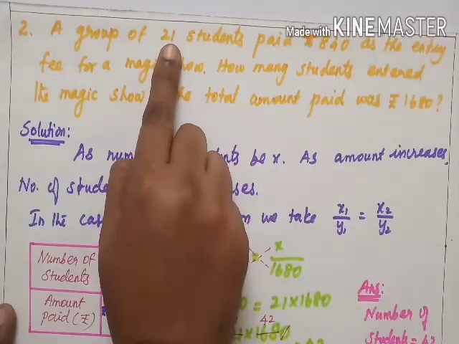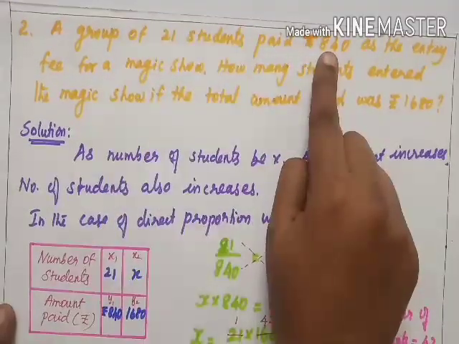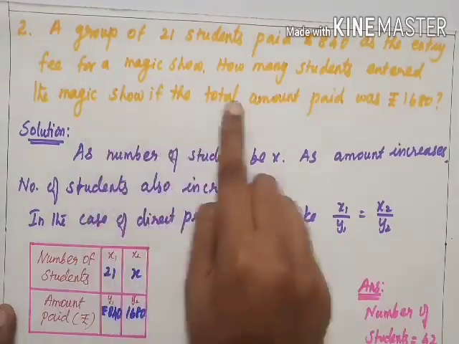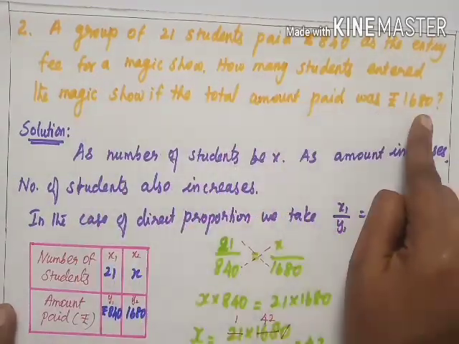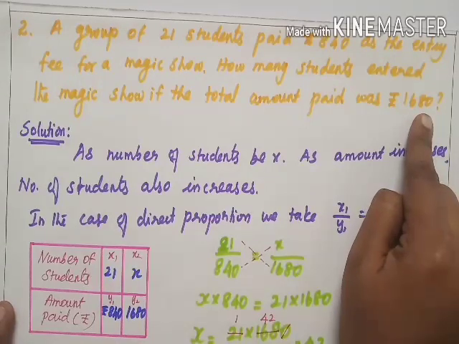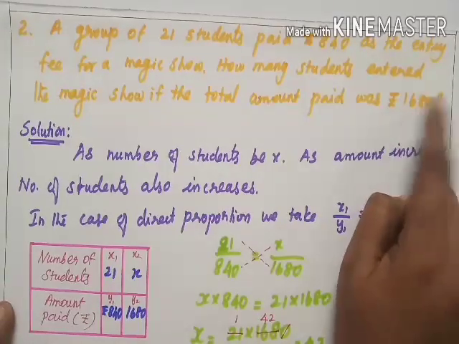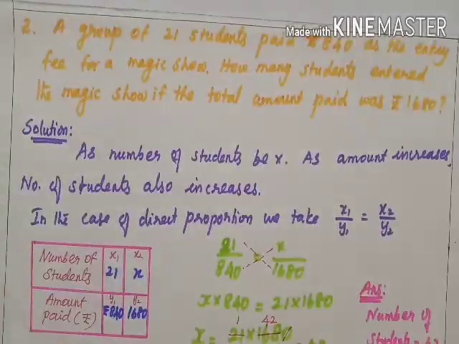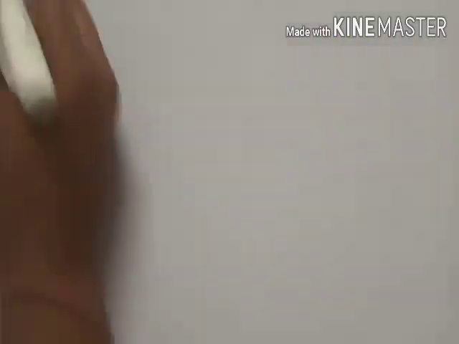So the number of students is 21, and the amount paid by them is 840. How many students entered the magic show if the total amount paid was rupees 1680? So the amount is 1680. We have to find out how many students entered the magic show. See, solution.